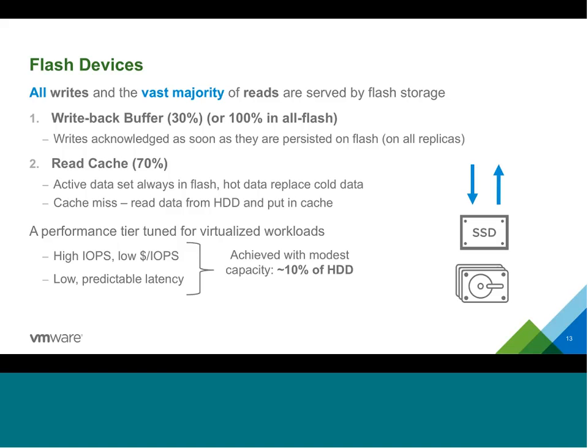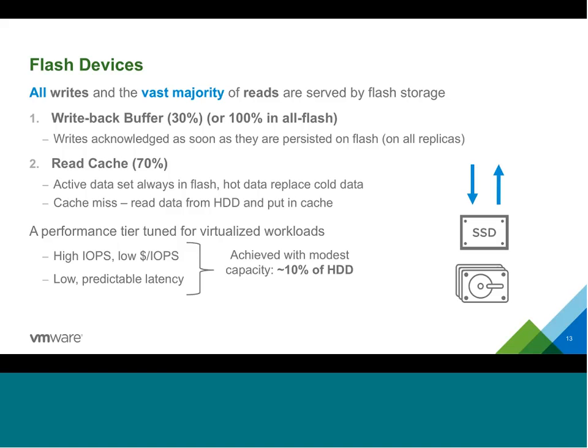The vast majority of reads and writes happen on this SSD. Say for example I have a 10 GB SSD: 30% of that is reserved for write, 70% is reserved for read operations. Whenever a write comes, it is always written on the SSD.